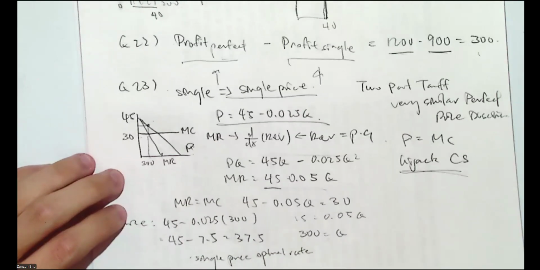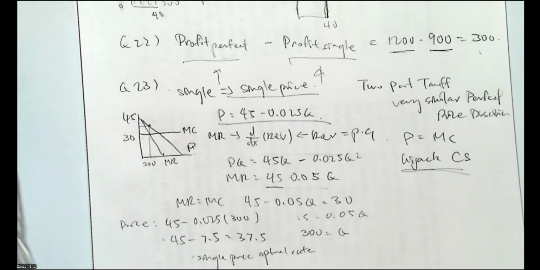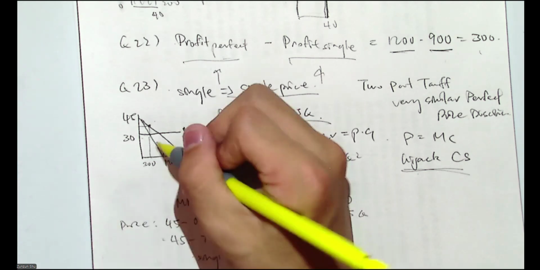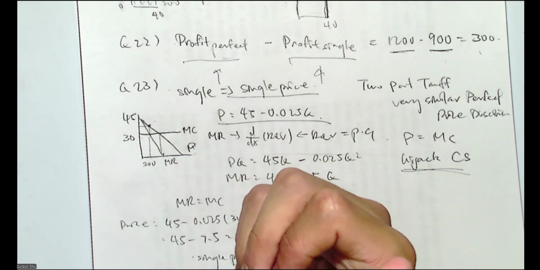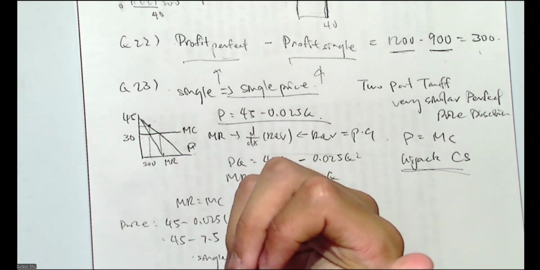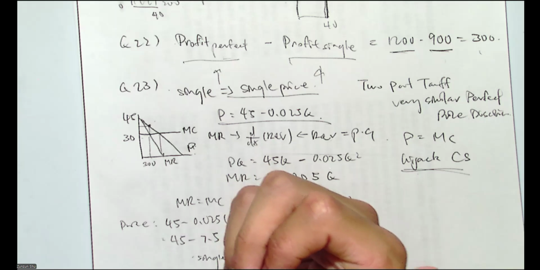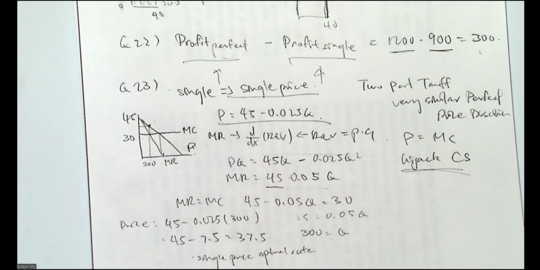All right, and what about question 24? They're asking profit. How are you to get profit? Well, a couple of ways. If you know what producer surplus is in this case, then sure, you can just go for it. But the other way is to just stick with revenue minus the integral of marginal cost or variable cost.